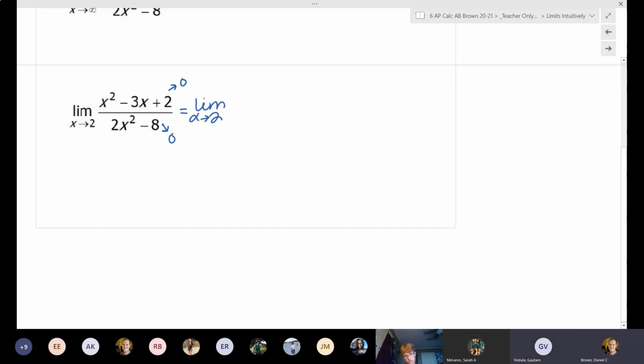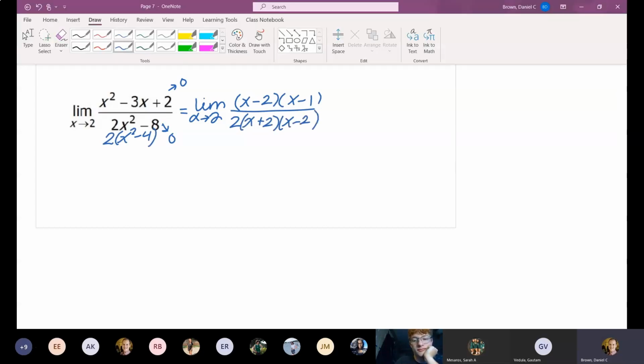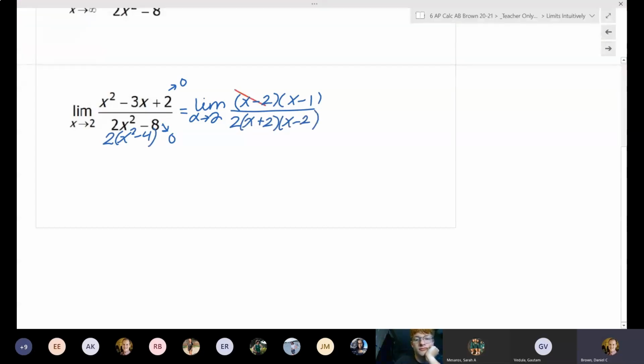So these are the ones we've been doing. I'm just going to go ahead and do it quickly. So I have x minus 2, x minus 1. Factor out a 2, and that gives me x squared minus 4. So 2x plus 2, x minus 2. The x minus 2's are going to cancel each other out.